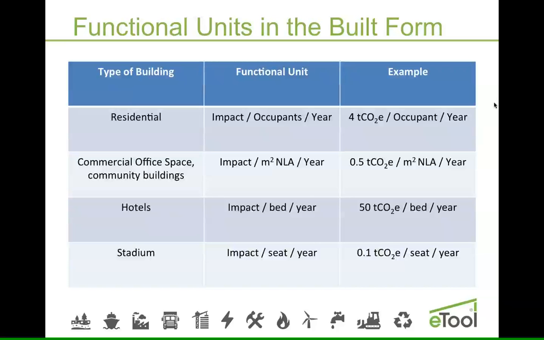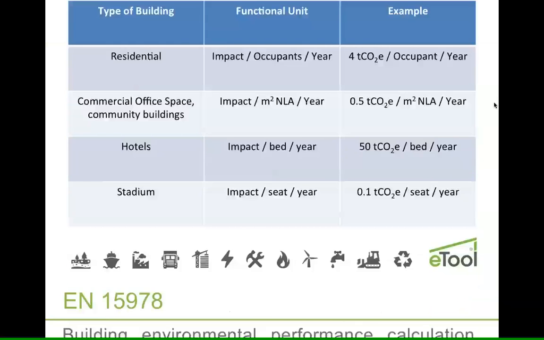If you're looking at a hotel, for example, you can assess the performance on a per occupied bed basis, or a per seat basis if you're looking at a stadium. So the more people you can get into a stadium, the better value for the planet you're getting with that design. So the functional unit is a very crucial aspect of life cycle design methodology.